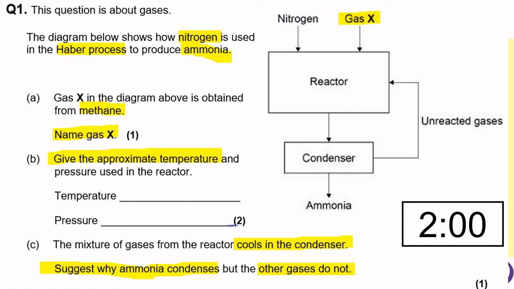They'd like you to name gas X that is obtained from methane, give the approximate temperature and pressure used in the reactor. The mixture of gases from the reactor cools in the condenser, and they want you to suggest why ammonia condenses but the other gases do not. If you need more time on any of these questions today, just pause the video so that you've got sufficient time to answer them.